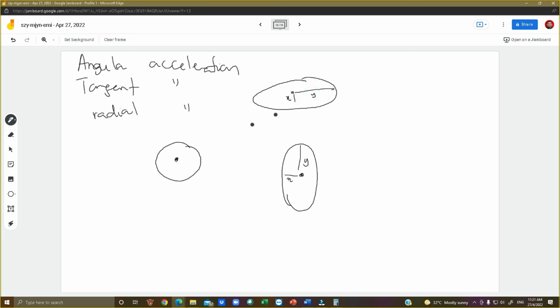X and Y, macam ni equal. So sometimes we may have this kind of movement. Why there are changes in terms of the shape of the rotation is because of these two accelerations.